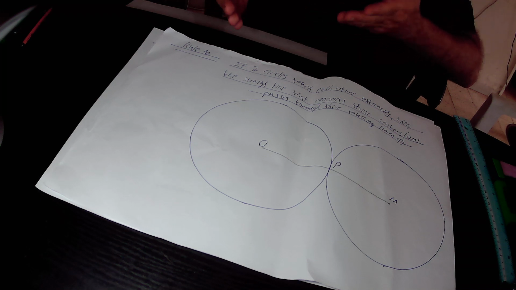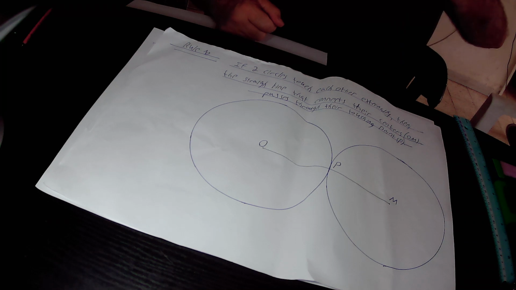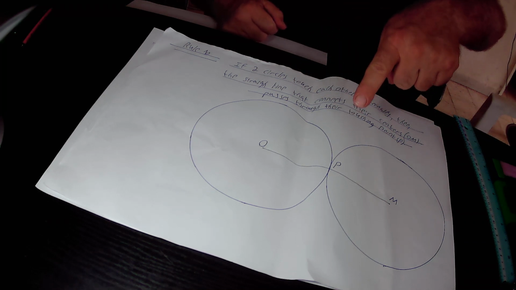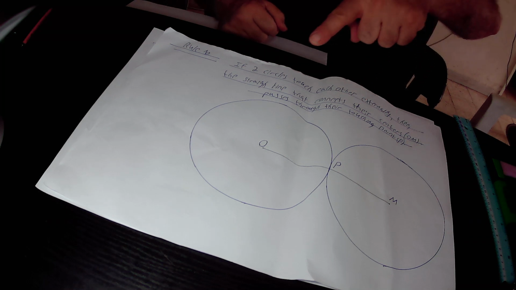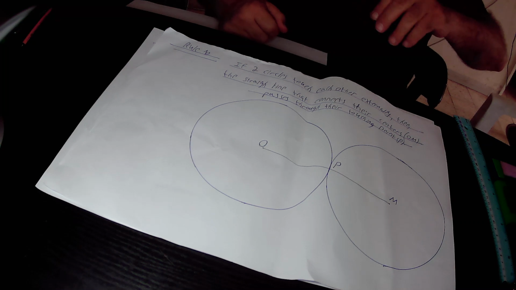According to Rule 10, the straight line OM must pass through point P, that is their touching point. Or OPM is one straight line.